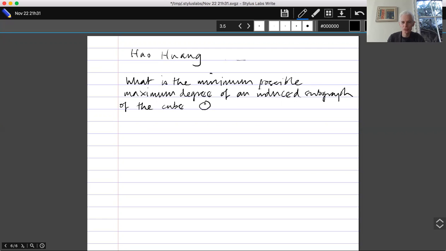It's the n-dimensional cube Qn. That is {0,1}^n with x and y joined if they differ in exactly one coordinate. We've met this earlier on in the course.